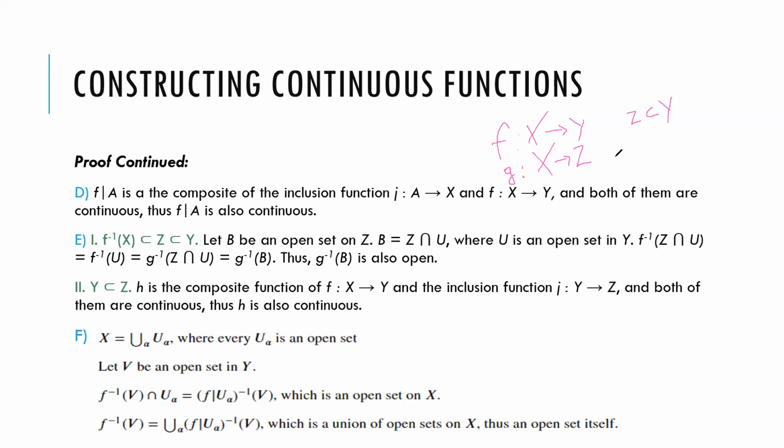If B is an open set on Z, then B equals Z intersecting U, for some U which is an open set in Y, and the inverse image, inverse F of Z intersecting U, would equal inverse F of U, which would equal inverse G of Z intersecting U, which would equal inverse G of B, and thus it would also be open, since it equals the inverse image of U, which is open.